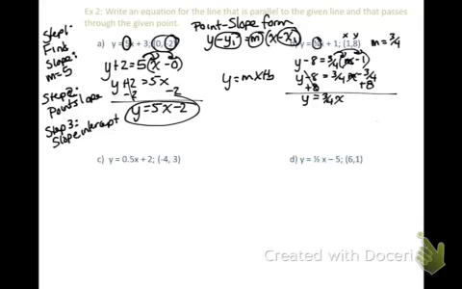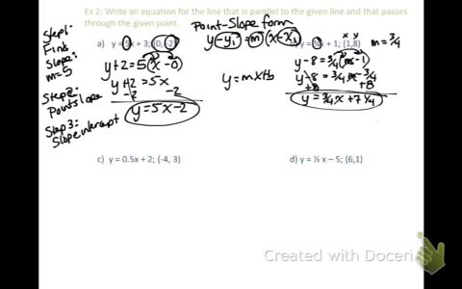Because one's a negative and one's a positive, you're going to subtract them. So I start with 8, and I take 3/4 of a number away. So I know I have 7, and I have how much left over? 3/4 of it was taken away, so 1/4 was left over. So it's y equals 3/4 x plus 7 and 1/4.